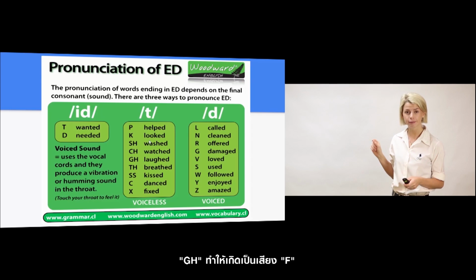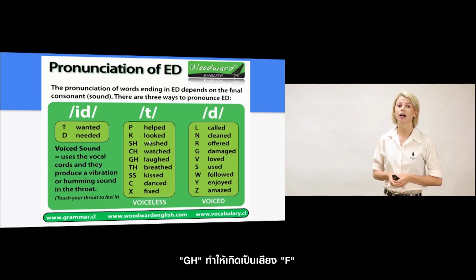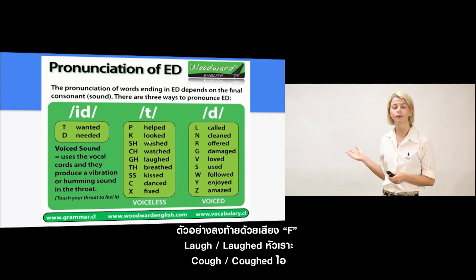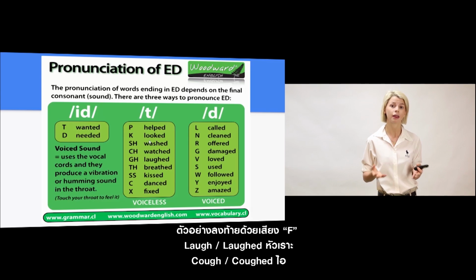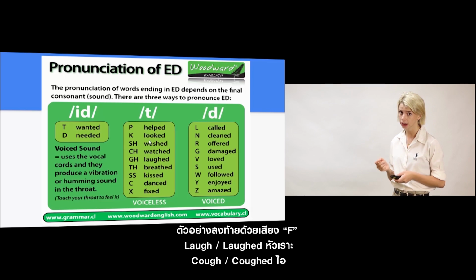Let's pay special attention to the letters under GH. This makes a f sound, F. The example, laugh. Ha ha ha, laugh. We have some more, enough. Maybe you know this word. Cough. That is cough. These words, laugh, enough, cough, end in GH.